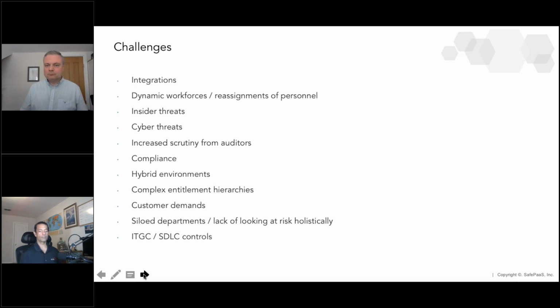That could be just a silly error because they're new to the system and not trained yet, or it could be for nefarious reasons or other problems within the process. Those are the kinds of things that access governance helps you control. And we'll look at some examples later in the session.